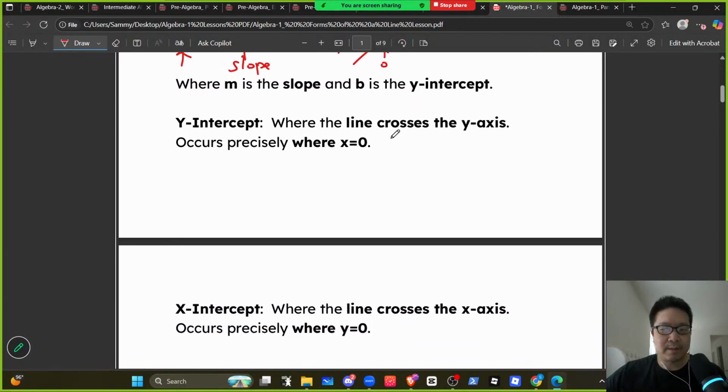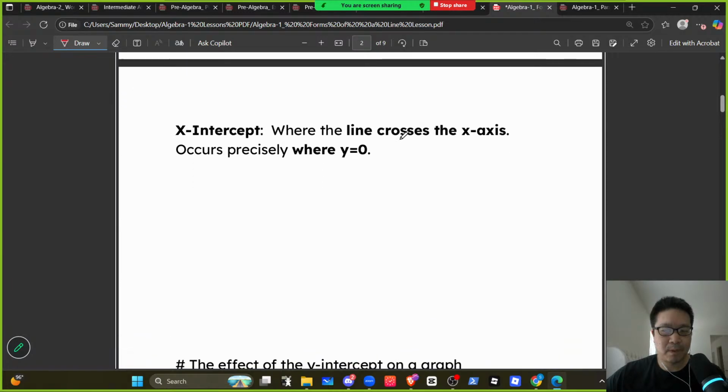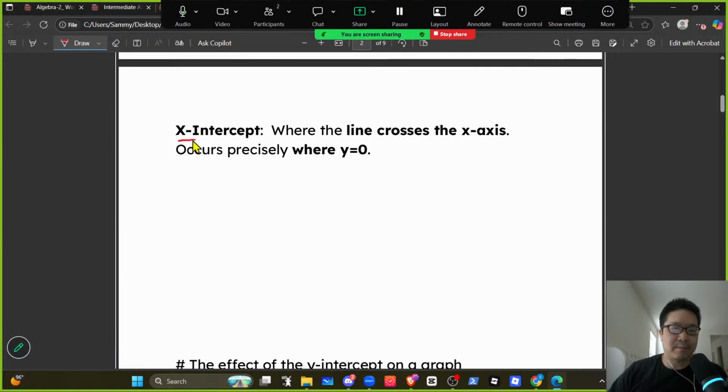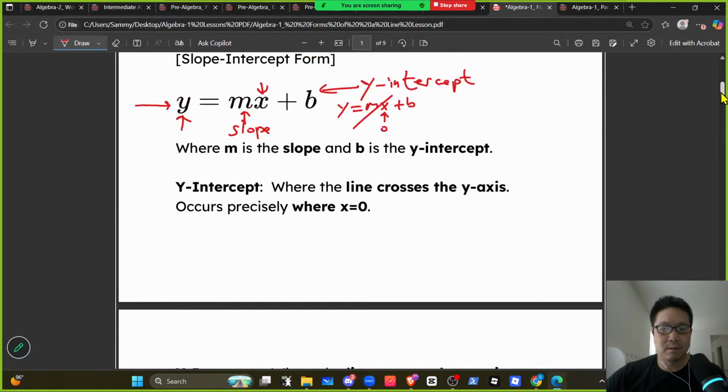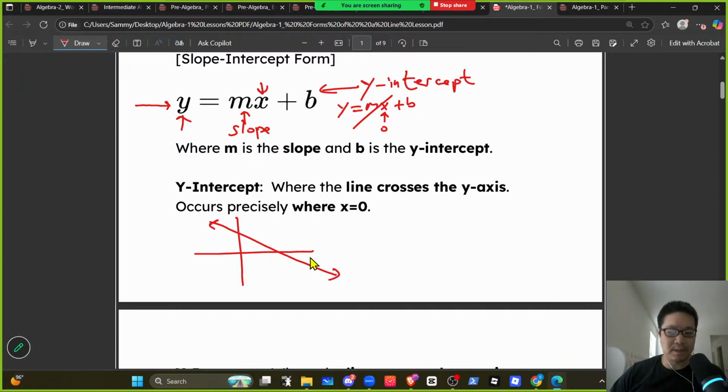And what's the x-intercept? It's where y equals 0. Given a line that slopes downward like this, in other words, it's got a negative slope, the y-axis is that, the x-axis is that, your y-intercept is going to be here.